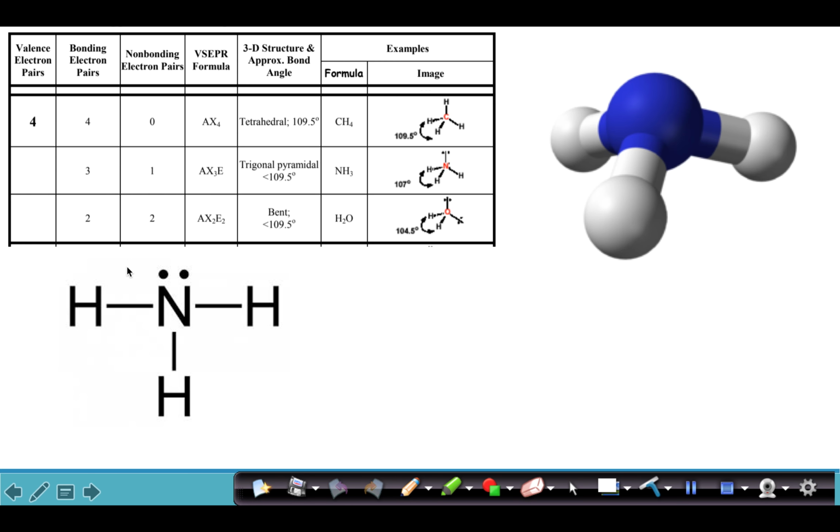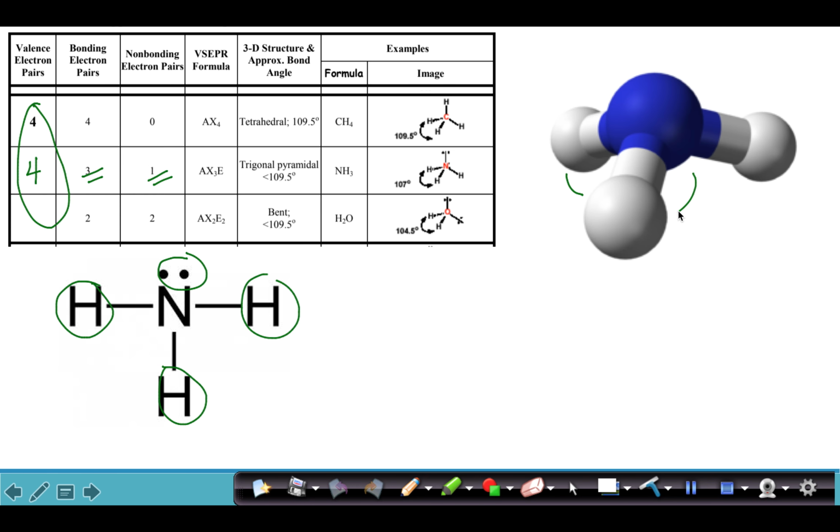If we go to 3 bonded atoms and 1 lone pair, my steric number is still 4, but now this shape is called trigonal pyramidal.